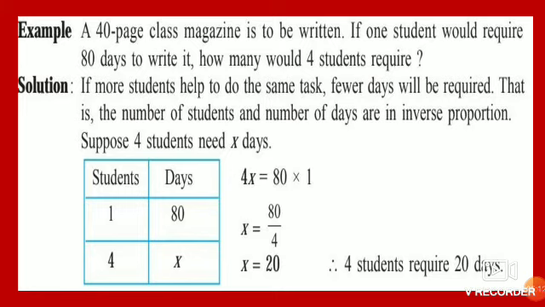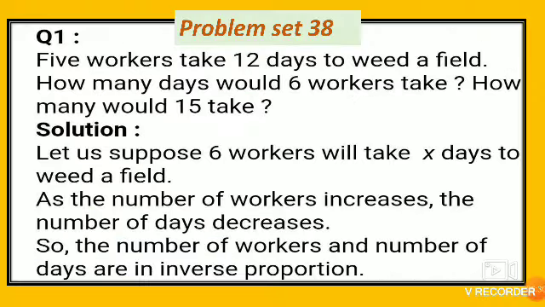So the equation we can write here: 4x is equal to 80 multiplied by 1, x is equal to 80 upon 4, x is equal to 20. Therefore, 4 students require 20 days to complete the writing work.